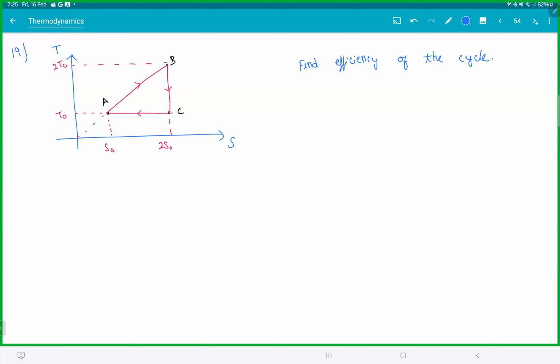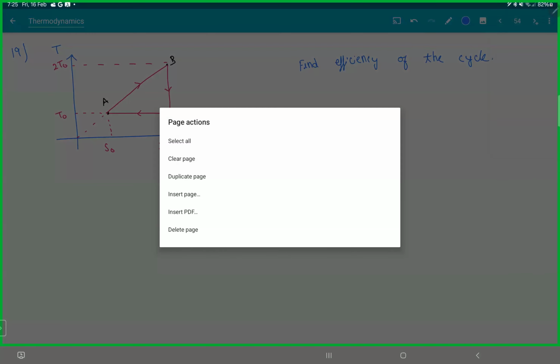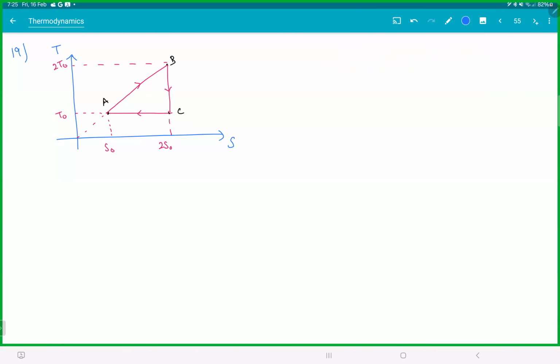Let's see. Now in this TS graph, the area under the graph gives you the heat. So when you go from A to B, this area will be half into the sum of the opposite sides, 3T naught into S naught.